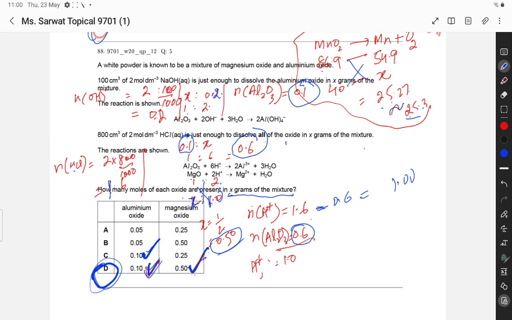So the left behind is 1 mole. In this reaction, we have to calculate the mole of magnesium oxide by using the mole ratio. If 1 mole is there, then the mole of magnesium oxide is 0.50.